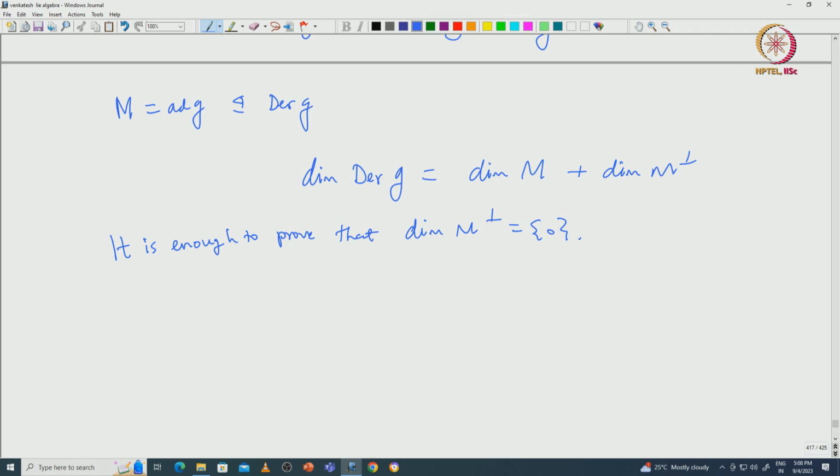So, m is an ideal. So, the Killing form on m is the restriction of the Killing form on the derivations of g. Now we can use Cartan's second criterion.